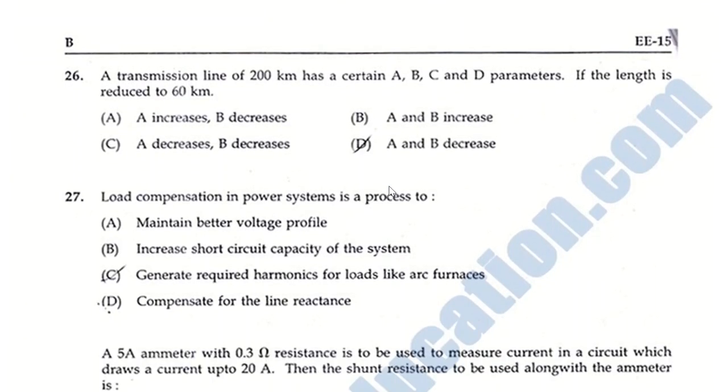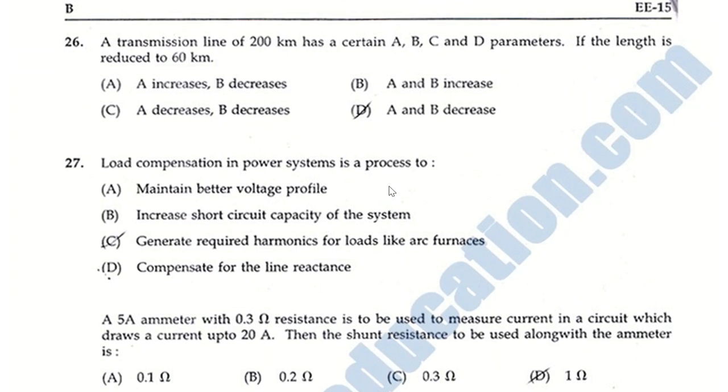A transmission line of 200 kilometers has certain ABCD parameters. If the length is reduced to 60 kilometers, remember this is a standard question. Constant A is proportional to 1 by length, and constant B is proportional to length.